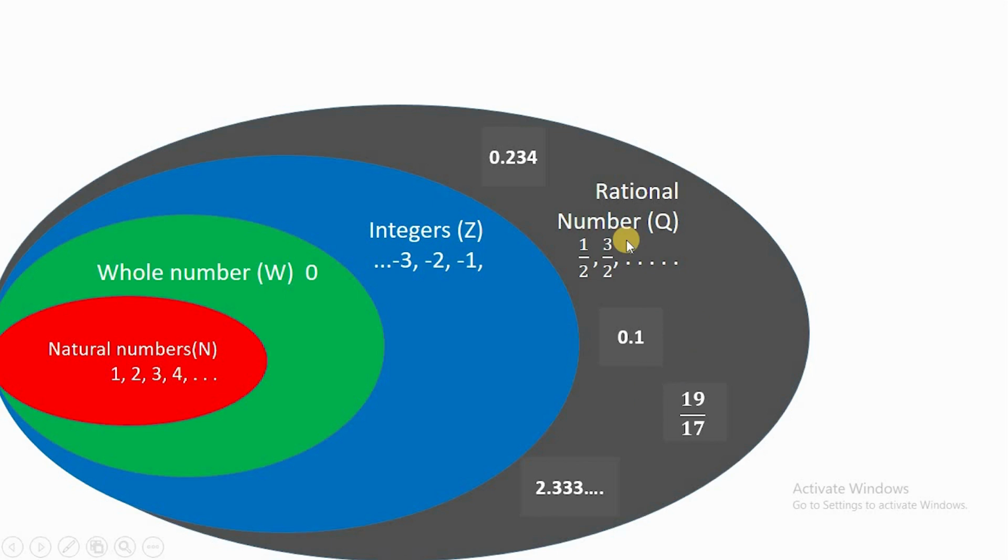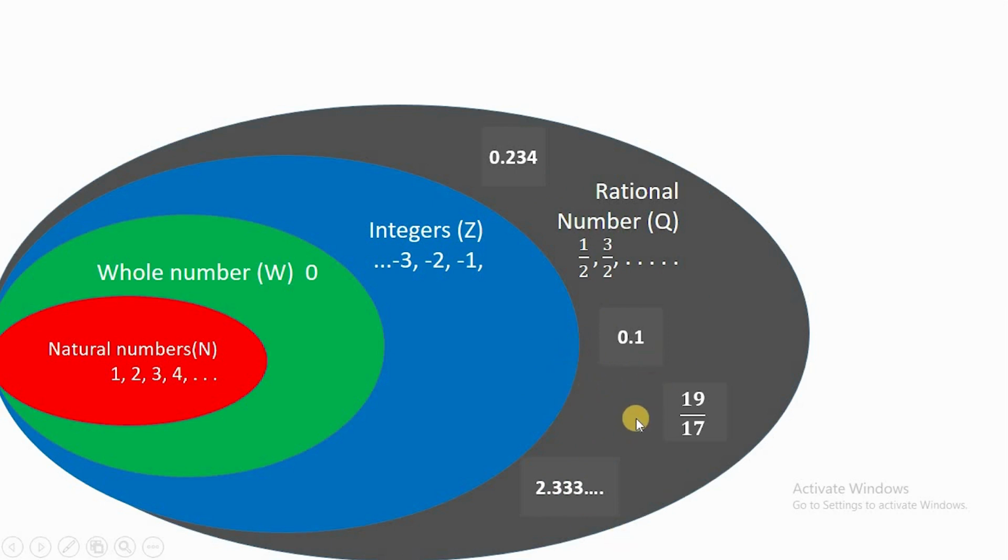But an important point to keep in mind is that in 0.234, the decimal expansion terminates after 3 places of decimals, and in the case of 0.1, the decimal stops or terminates after 1 place of decimals. But in the case of 2.3333 and so on, the decimal is not terminating but repeating, because the same digit is being repeated over here. And these numbers can be expressed in the form p by q. Therefore, they are called rational numbers.